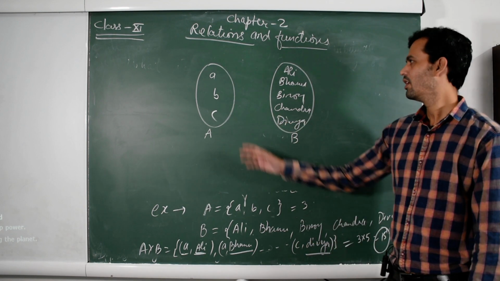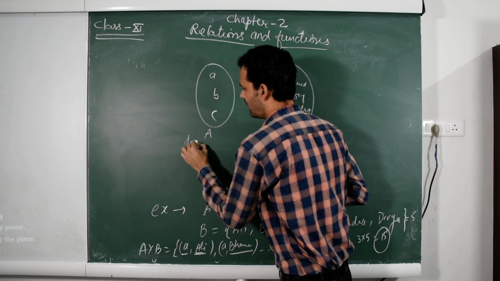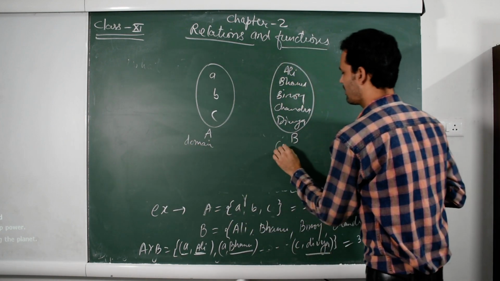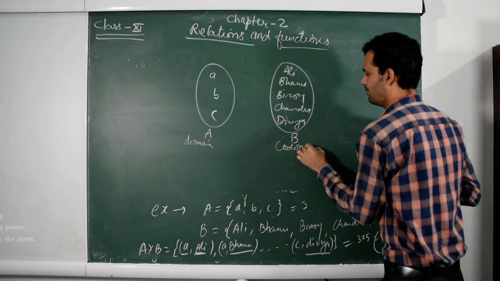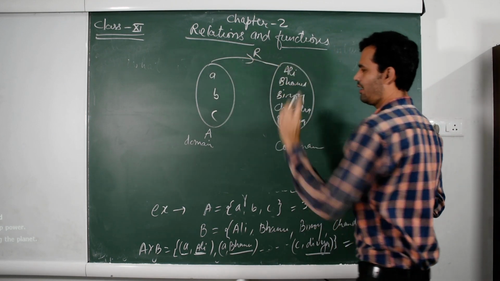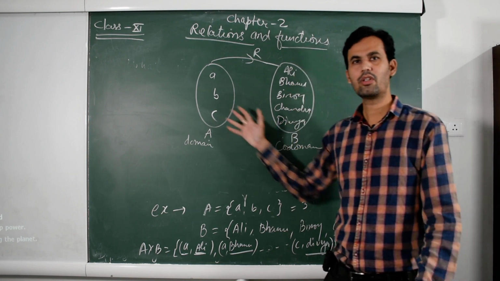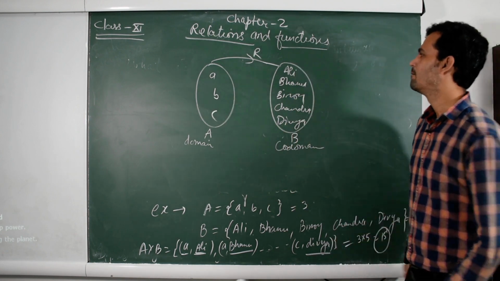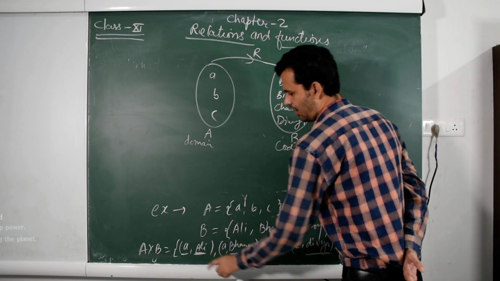So this set is called the domain, this is called the codomain, and the relation is from set A to set B. The relation from set A to set B is called R.